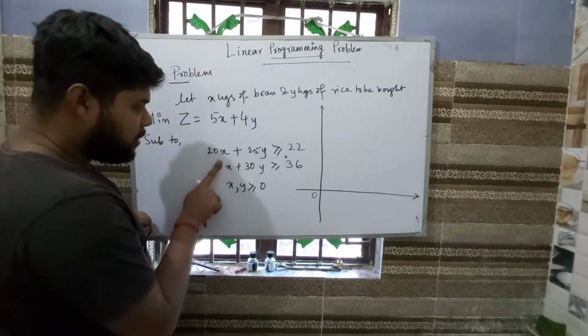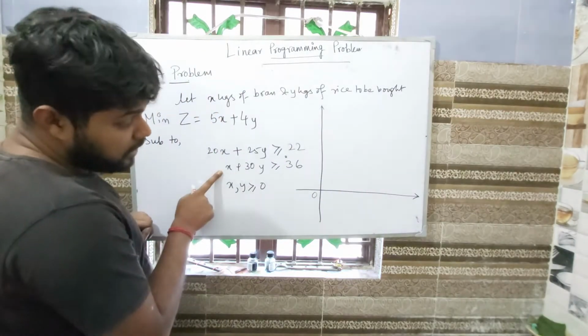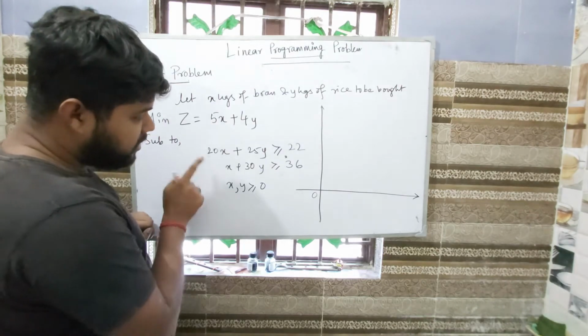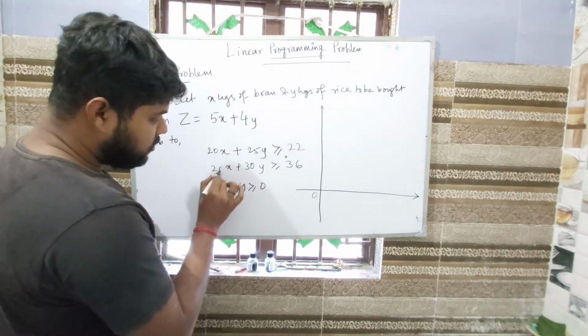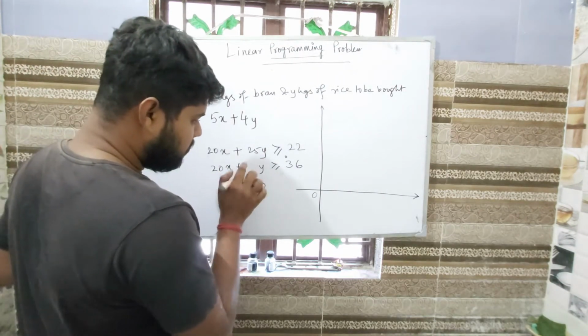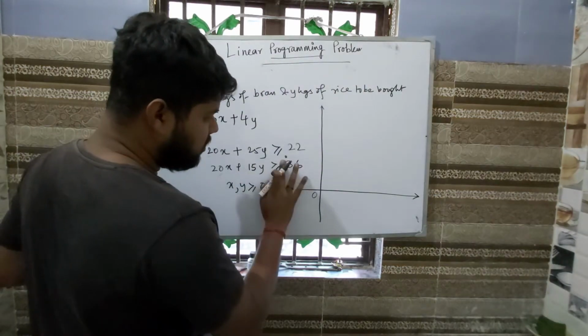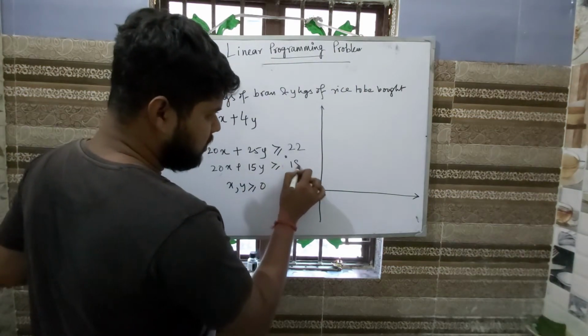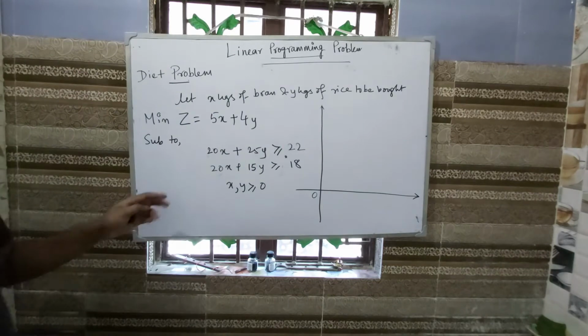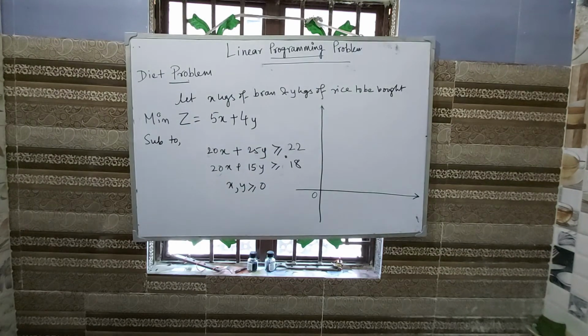And if I divide this by 4, I can't divide this by 4, I can divide this by 2 only. So 20, 15, 18. So this is all I can do.